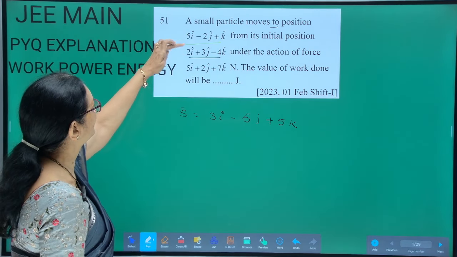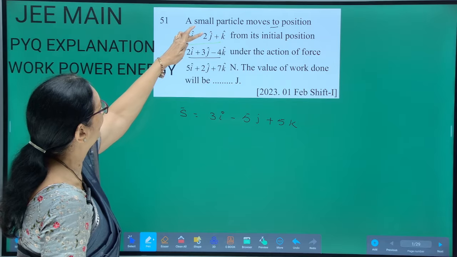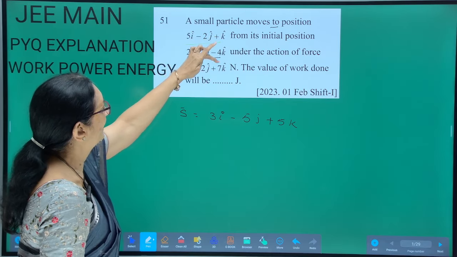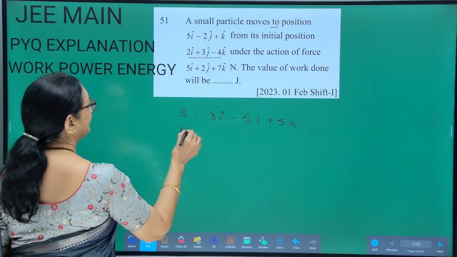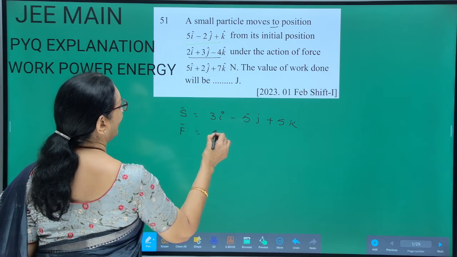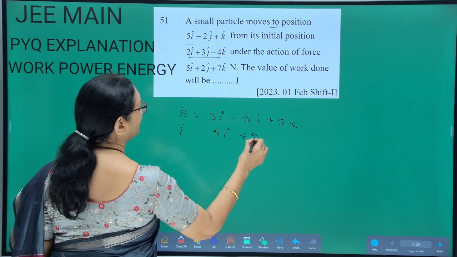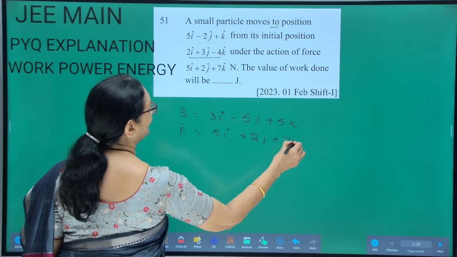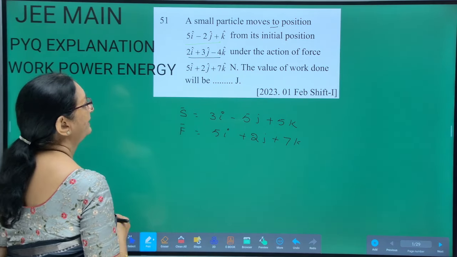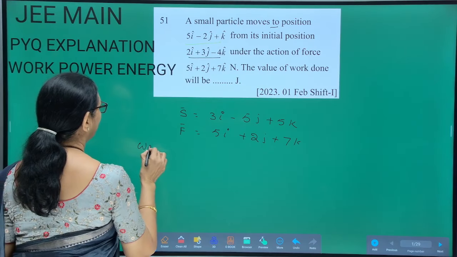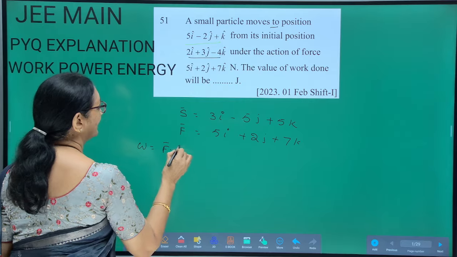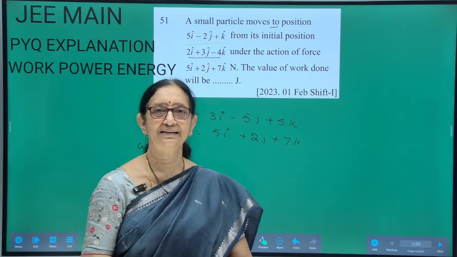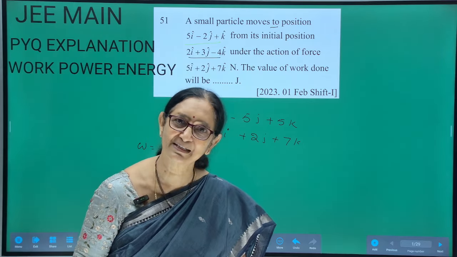Displacement is final minus initial, 3i minus 5j plus 5k, and the force vector is 5i plus 2j plus 7k Newton. Find the value of work done. Work is equal to F dot S, the scalar product of force and displacement.